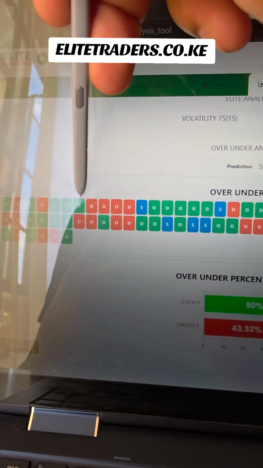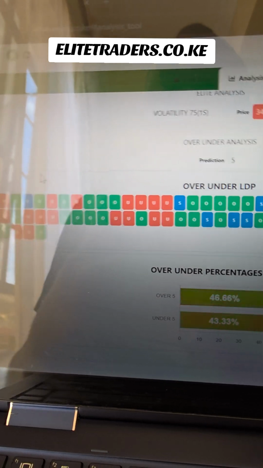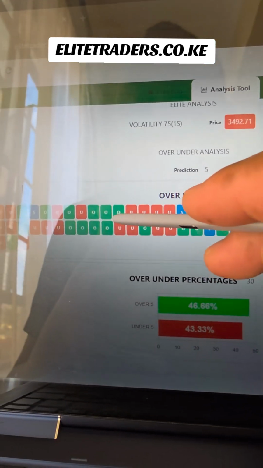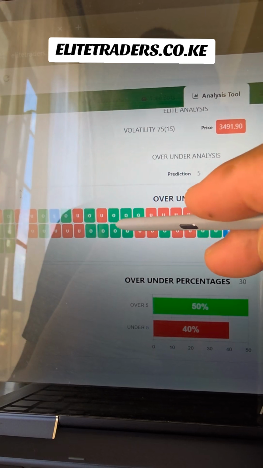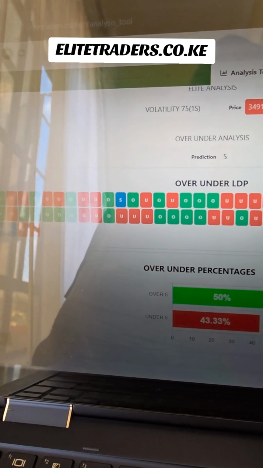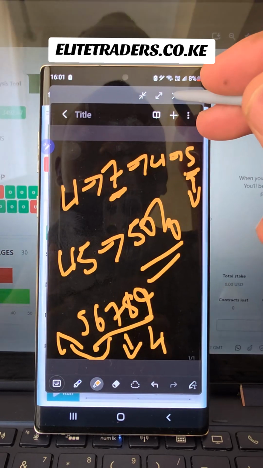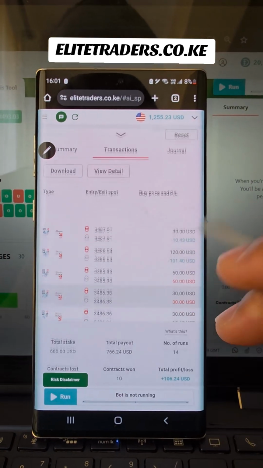For example, when over comes up, the robot will execute a trade, and even if it was an automatic win because it is over, the next trade is under. This happens because the robot is executing every tick. That's the good thing with this robot, and that's how we manage to have this kind of performance.